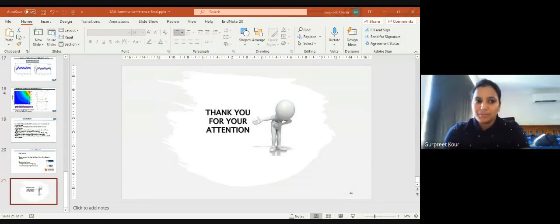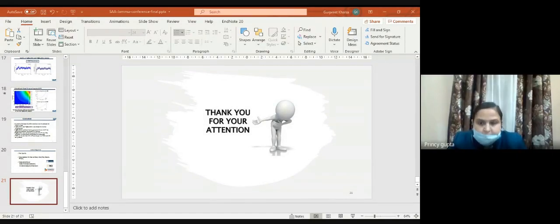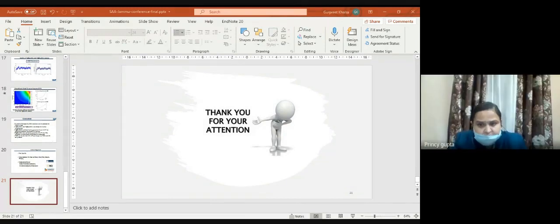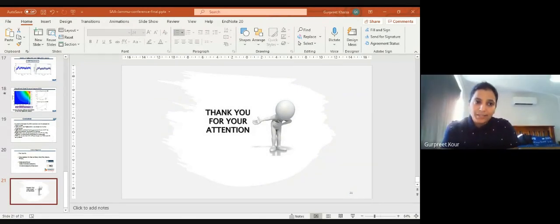So this is just DFT modeling. There are papers. These are already prepared catalysts. You take them from the literature, already prepared catalysts. I showed one paper where they have prepared this, a gold based single atom alloy.